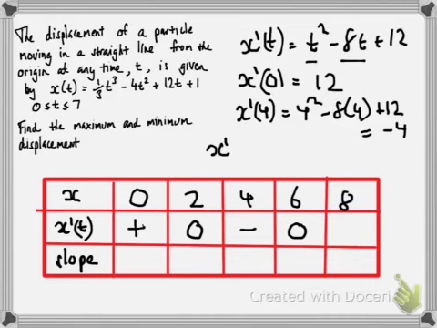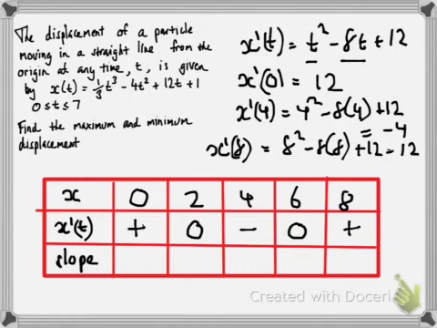X dash 8 equals 8 squared minus 8 times 8, so that's 64 minus 64 already, plus 12 equals 12, positive value. So our slopes are, we've got positive, 0, negative, 0, positive. So that tells us a little bit about our stationary points that occur at 2 and 6.